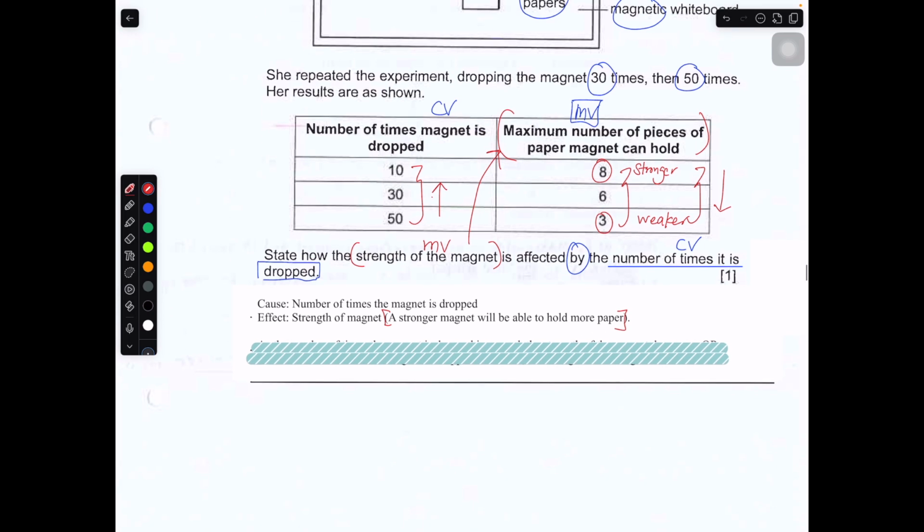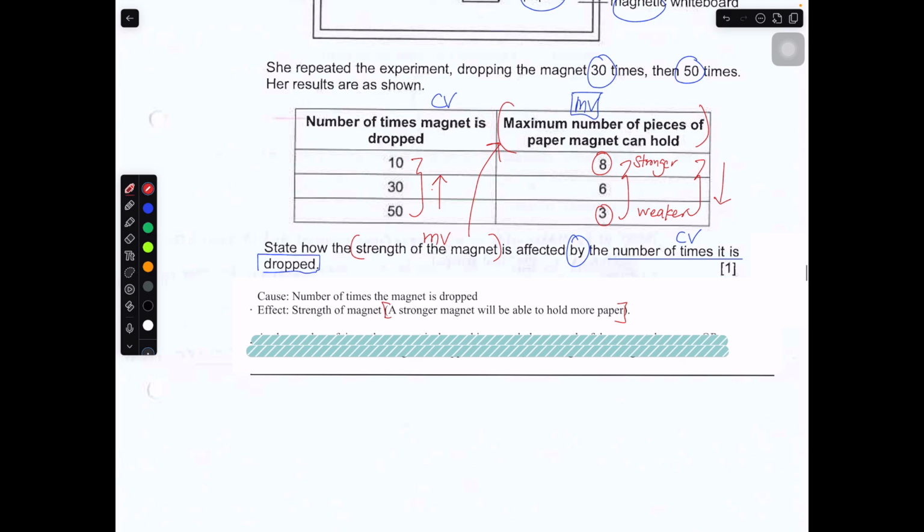So this is one way you can write, and this is exactly what they are looking for. They are looking for a relationship. This is a relationship question. Normally in a relationship, you say as the change variable increases, the measured variable increases, decreases, or remains the same, depending on how the data is presented to you.